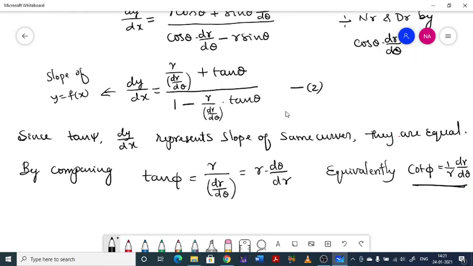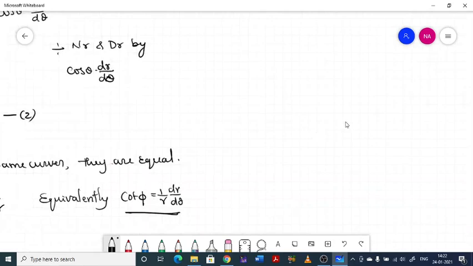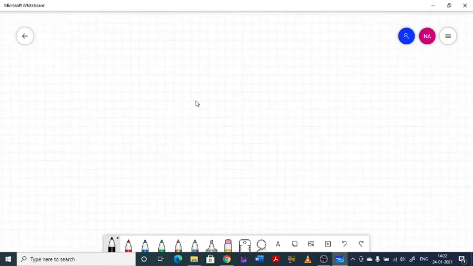So this is the expression you can use to find the angle between the radius vector and the tangent, and this is another expression you can use to find the angle between the radius vector and the tangent.